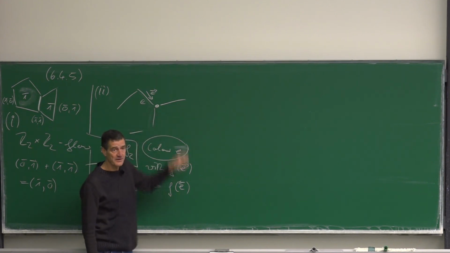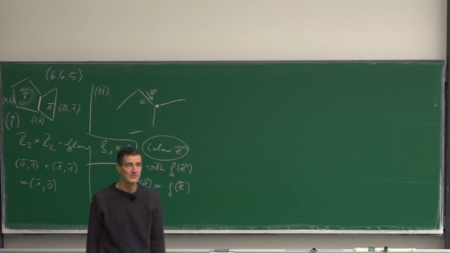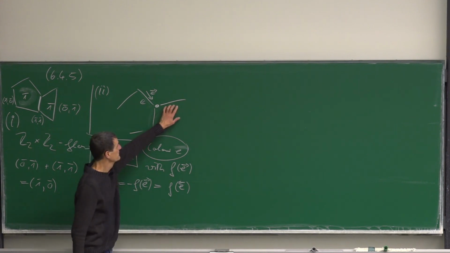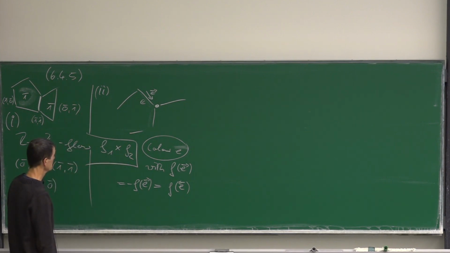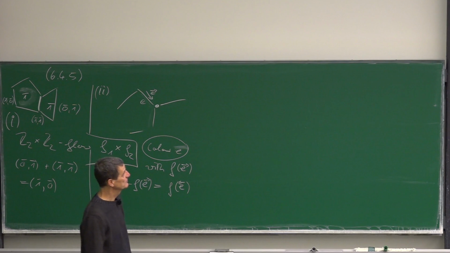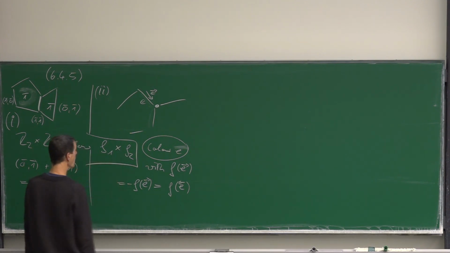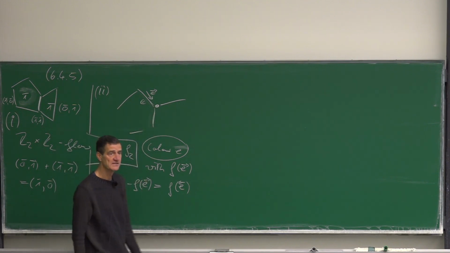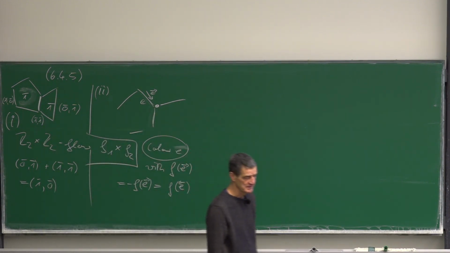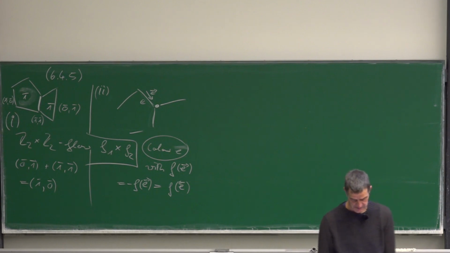And then there would be nothing non-zero that the flow could assign to that edge. But we're assuming that it does assign something non-zero because we're starting from the assumption that we have a Z2 by Z2 flow. So these two adjacent edges do in fact receive different colors, and we have a proper coloring.